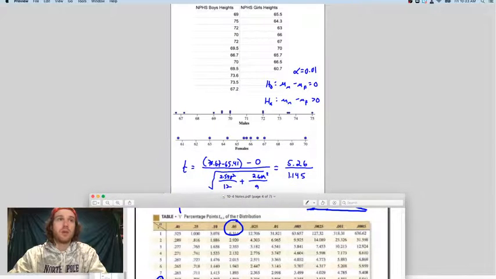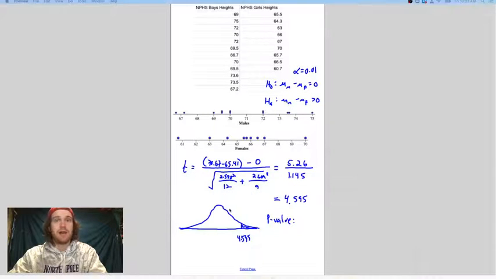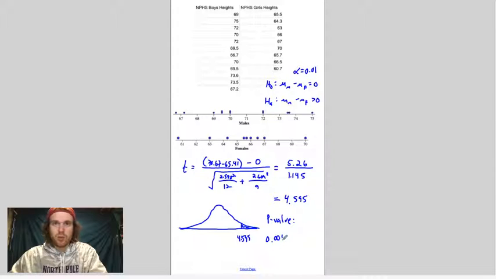Again, if you were doing tcdf, you would do lower at 4.595, upper at 1000, degrees of freedom 8. So 0.001 is greater, and the last one goes on the smaller side, so 0.0005 is less than our p-value.